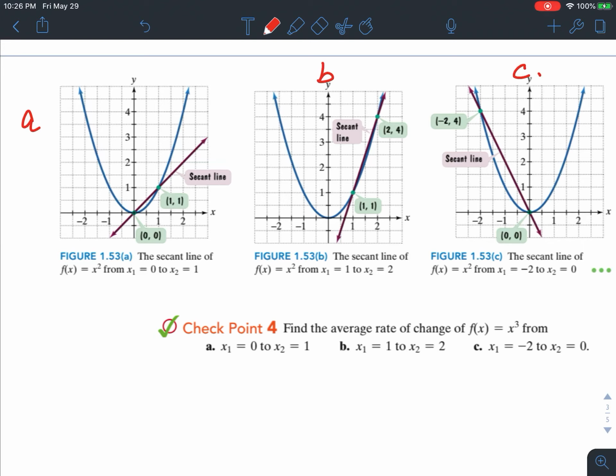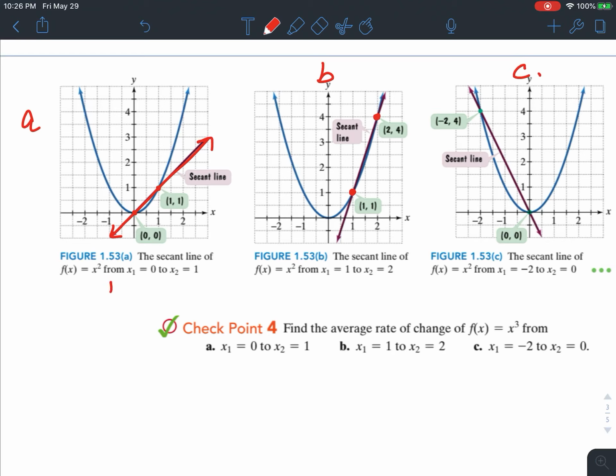So from 0 to 1, that was the first average rate of change we found. Here's 0, 0, here's 1, 1, here's the secant line that goes through it. So that's 1. But now when we come over to this one, if we're starting at x is 1, and then going to x is 2, well, this is very different now.